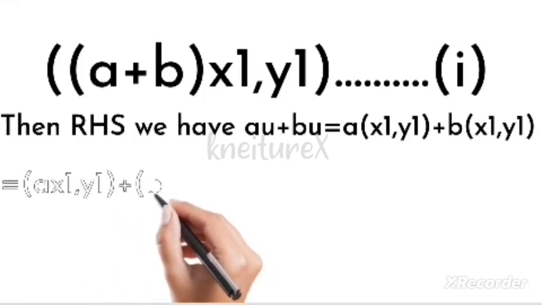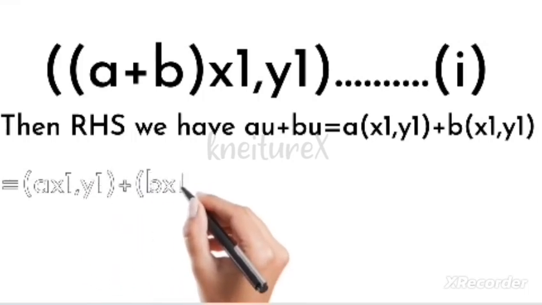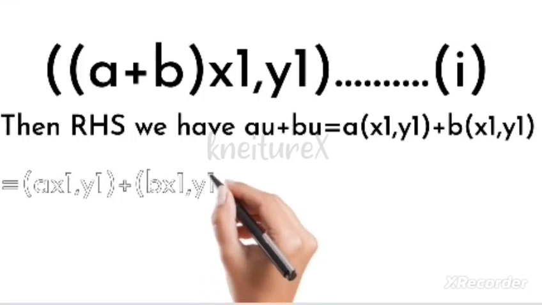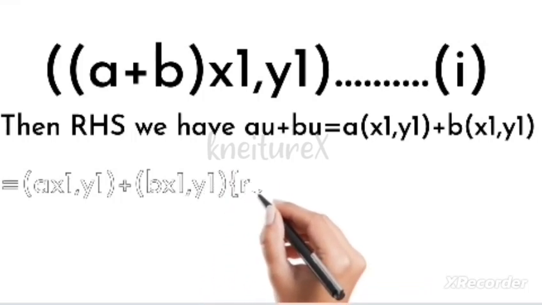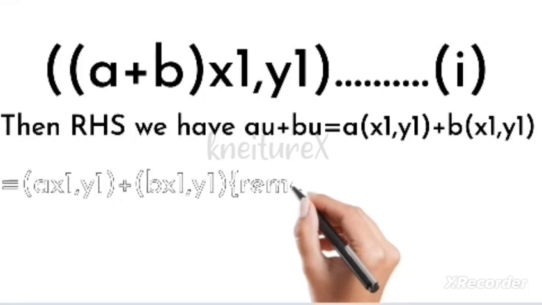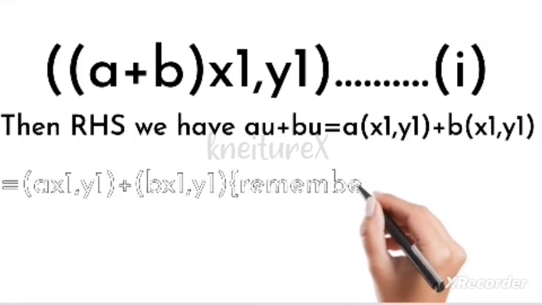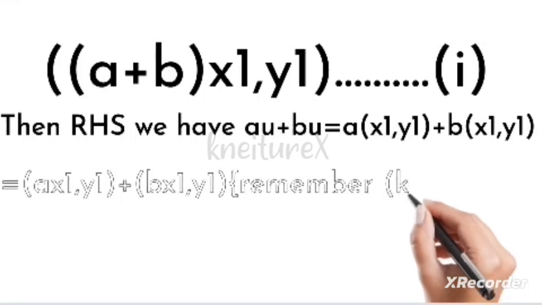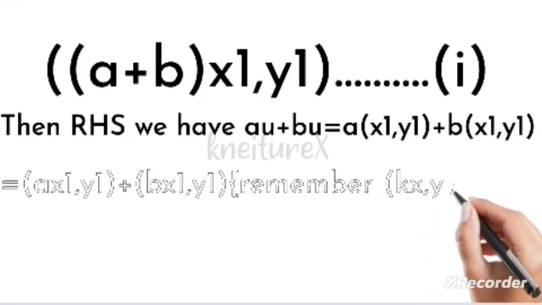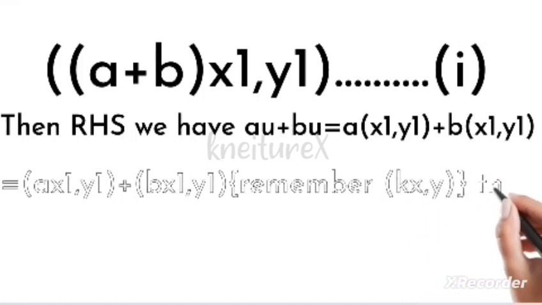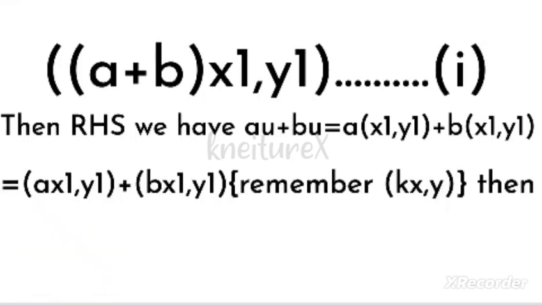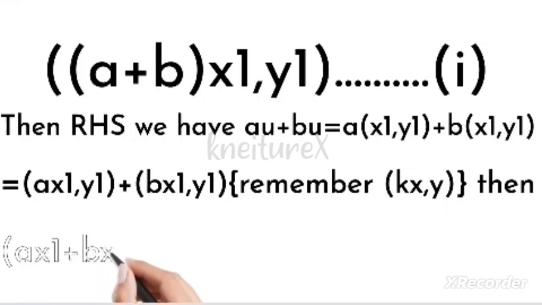Following the scalar rule, we only multiply the scalar with the x component of the vectors that we are given, because that is the rule. So that means we have (ax1, y1) plus (bx1, y1). So we have followed the scalar rule given to us in the question.